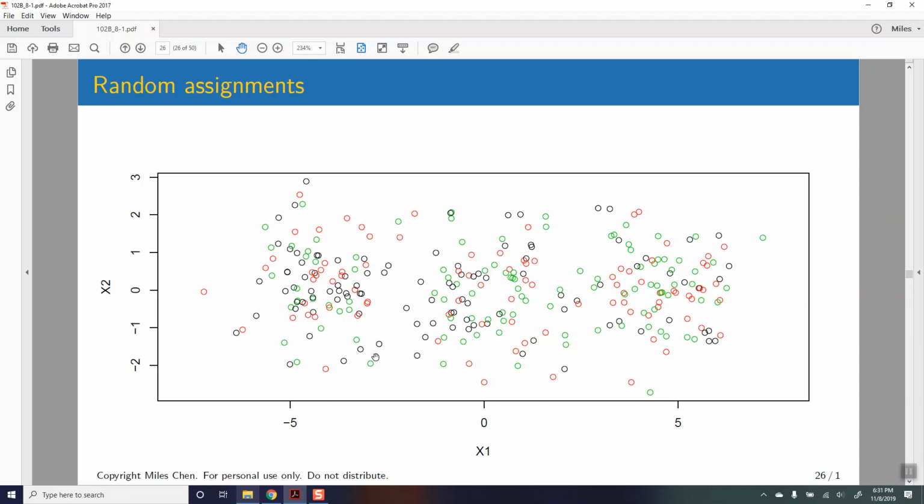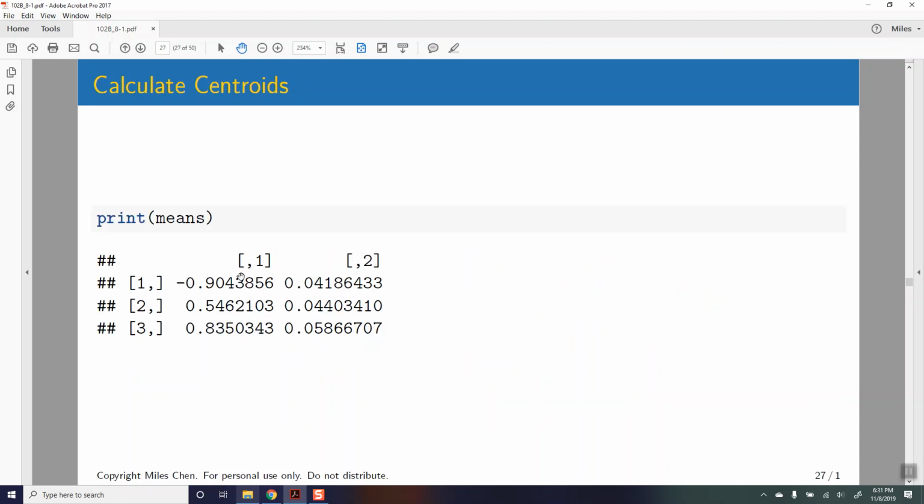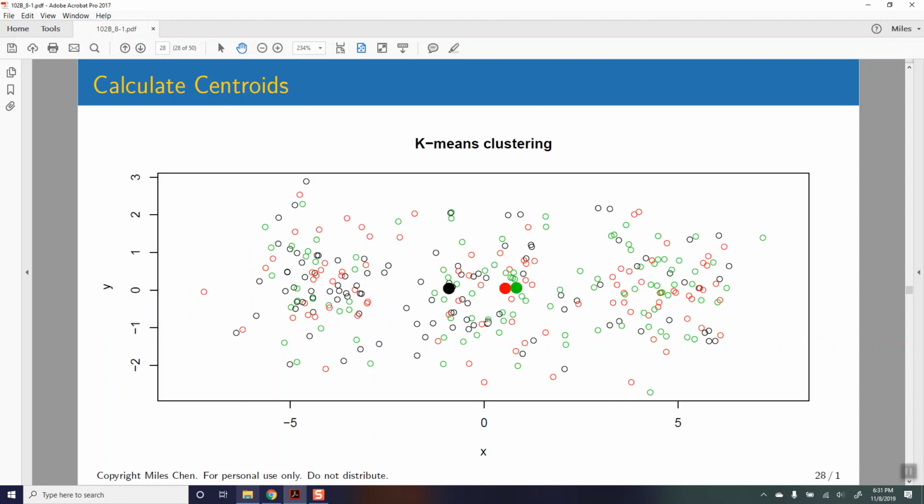Then we ask R to calculate the mean of all the black dots, the mean of all the red dots, and the mean of all the green dots. This is where they end up. The mean of the black dots just by coincidence happens to be here, which makes sense given the random assignments; there are a few more black dots over here than over here.